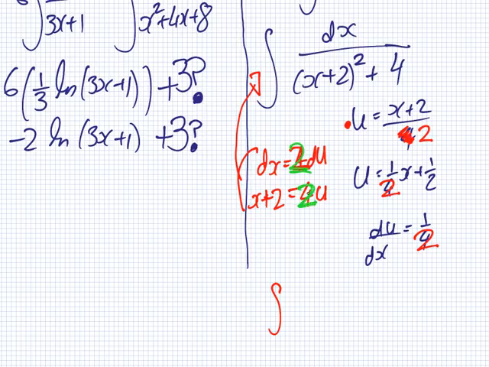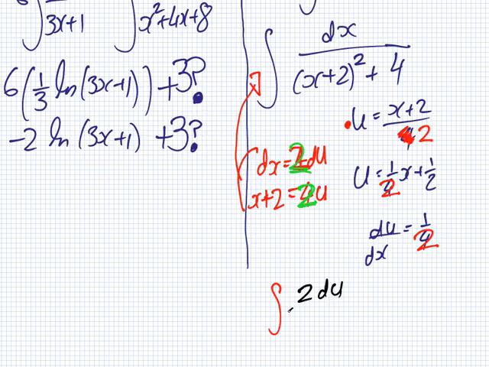If you remember the rule, it's square root the first over the second. So square root of the first part is x plus 2, and square root of the second part is 2. So what do I have on the top? 2 du.